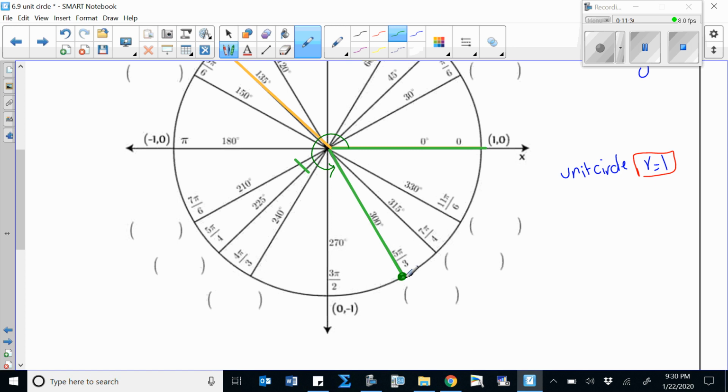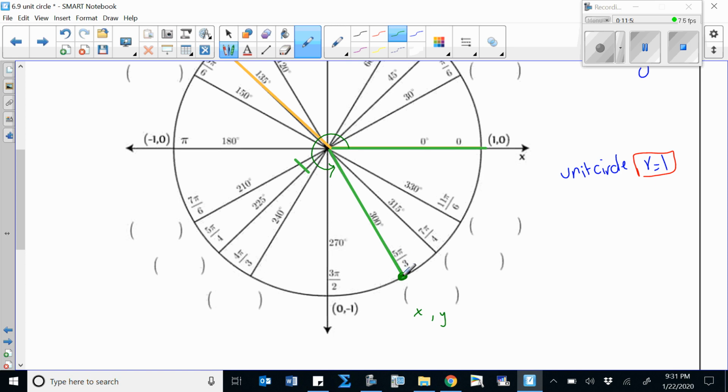So if I find the x and y value of this point, I have actually found sine and cosine of 300. Again, because this 300 is a big number, which is an obtuse angle, we cannot easily use a special right triangle to find the ratio of the sides. So we're going to use the reference angle here.